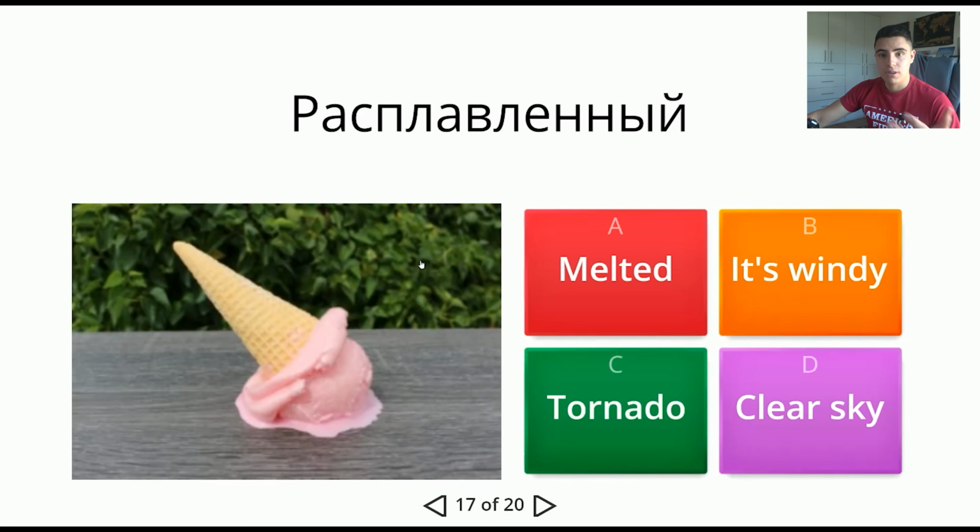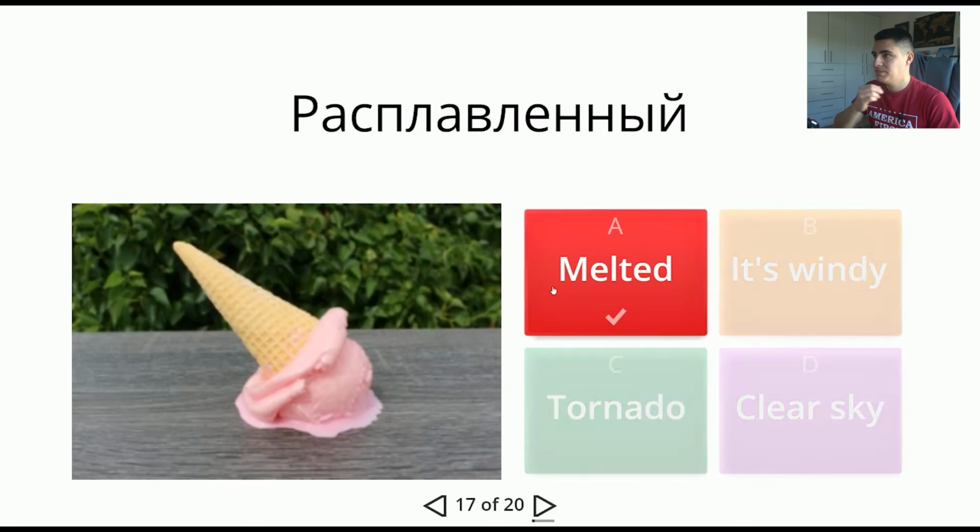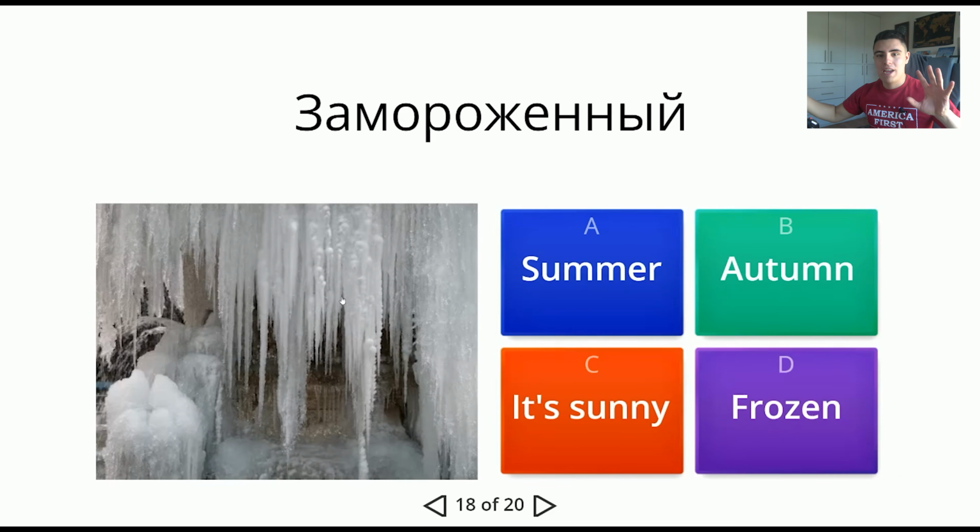Okay, remember we saw a photo of a desert and there was someone holding ice cream. Yeah, the ice cream was melted. Melted. And in the other photo we saw our friend Squidward. He was frozen.